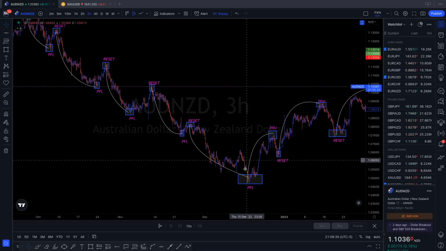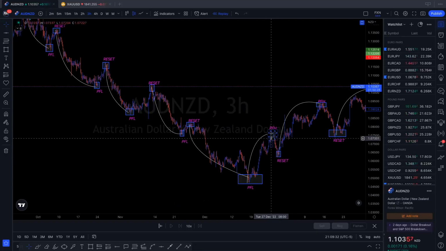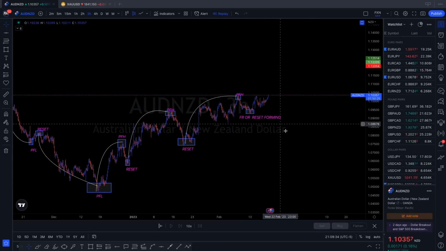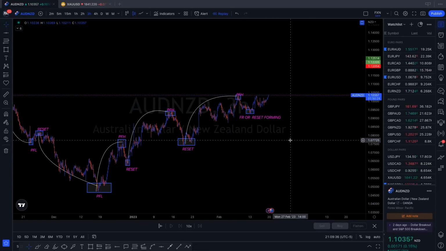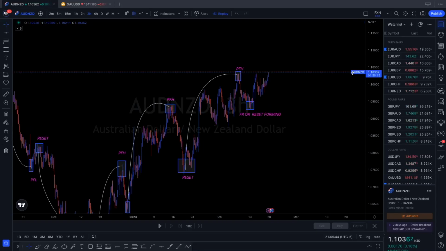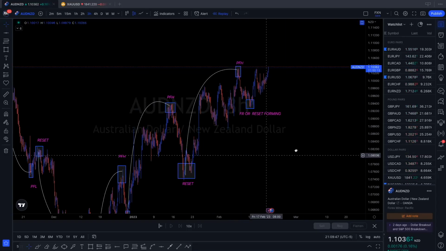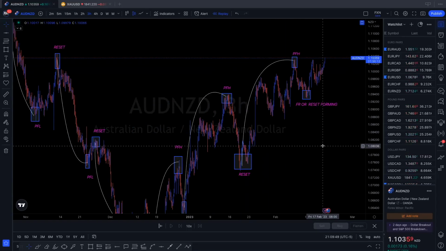Because if you have problems identifying resets, peak formations, and mapping out the chart, then you're probably going to have problems trying to find the setup, because your mapping of the pair is not going to be correct, if that makes sense.